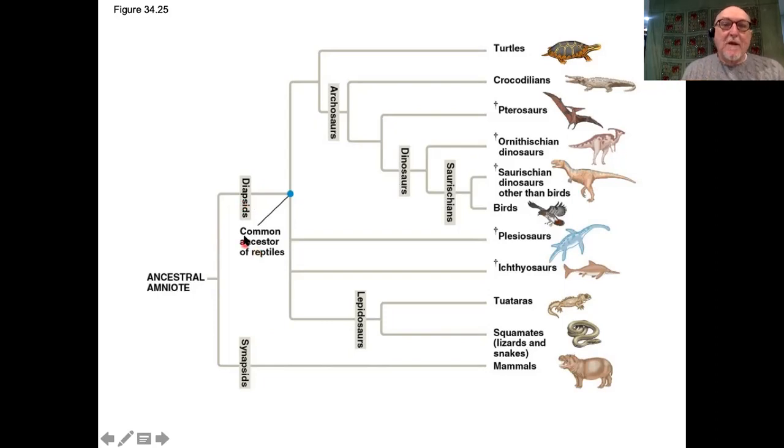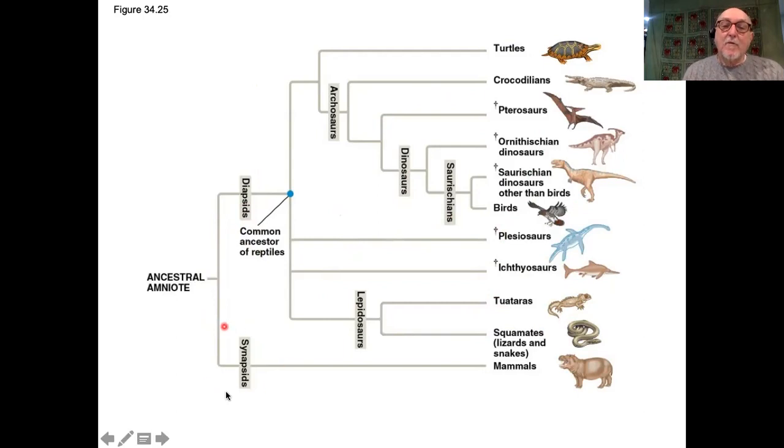Remember what I told you, that this ancestral amniote led to these two great clades, the diapsids and the synapsids. The diapsids are all of these that we've talked about, the reptiles and the birds. And our living groups were birds, the turtles, crocodiles, the tuataras, and then the lizards and snakes.